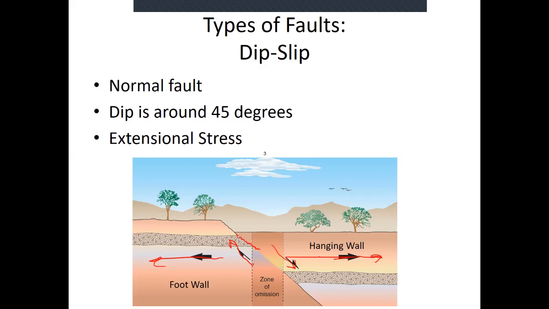As a miner standing down there, the block of rock hanging over their head is called the hanging wall, and the block of rock that they're walking on is called the footwall. So that's how they got their names.